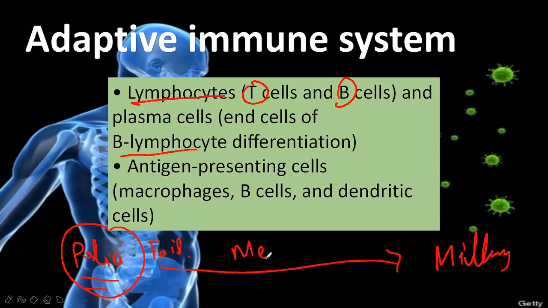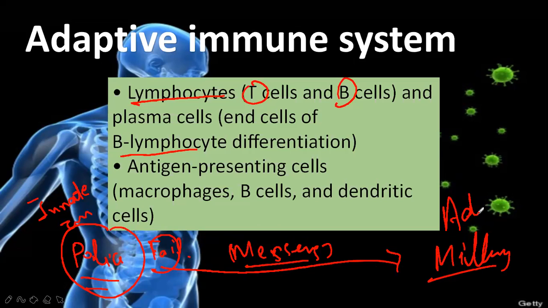Who is the messenger? It's also important. What is the police? Innate immunity. When this fails, I give a message to the military. What is the military? Acquired immunity, adaptive or acquired immunity.